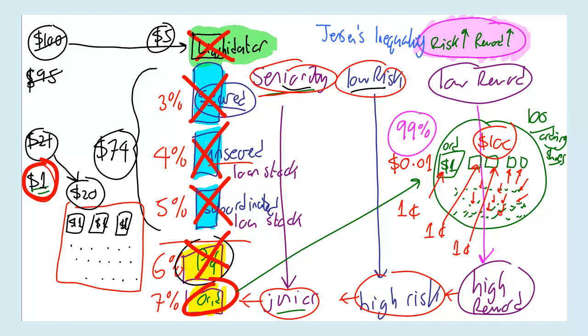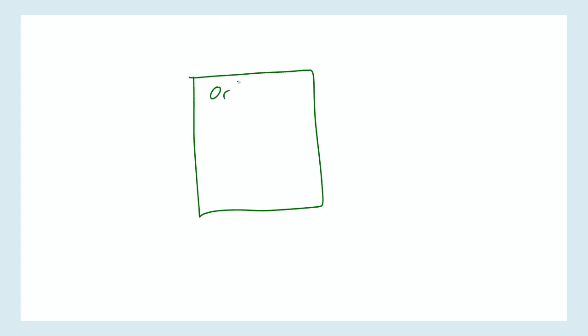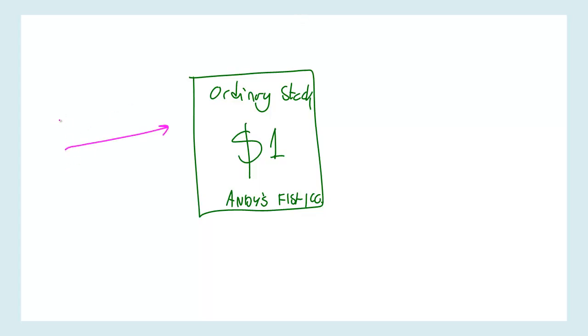So a 99% haircut. It's getting a bit untidy, this diagram, so let me neaten it up a bit. Okay, so we've got 1 ordinary share, face value $1, in Andy's fish sauce company, and I get sent 1 cent, or $0.01.